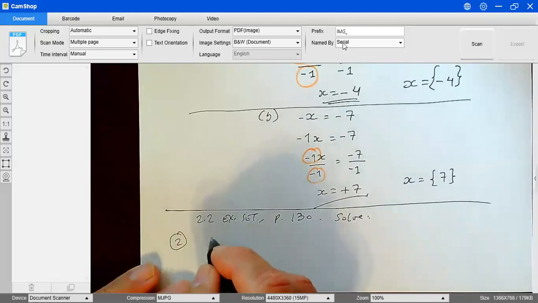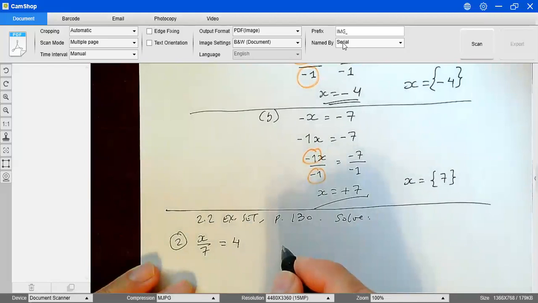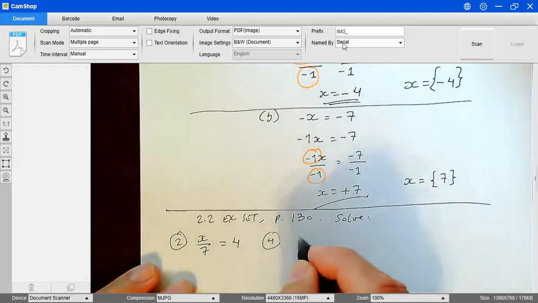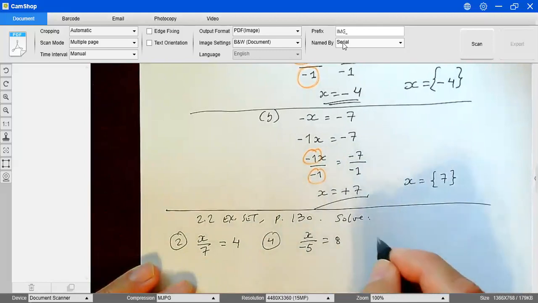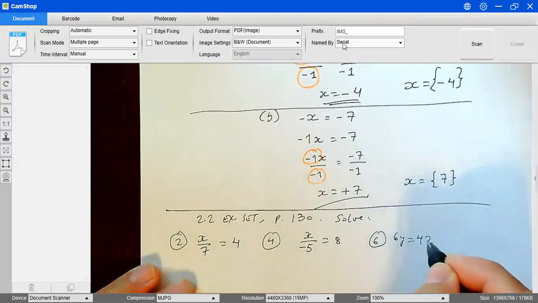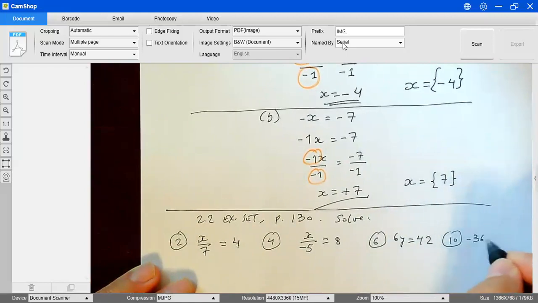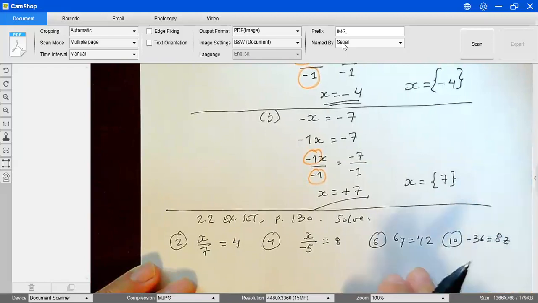It's just x over 7 equals 4. Then you have problem 4, x over negative 5 equals a. Then we have problem 6, 6y equals 42. Then you have problem 10, negative 36 equals 8z.